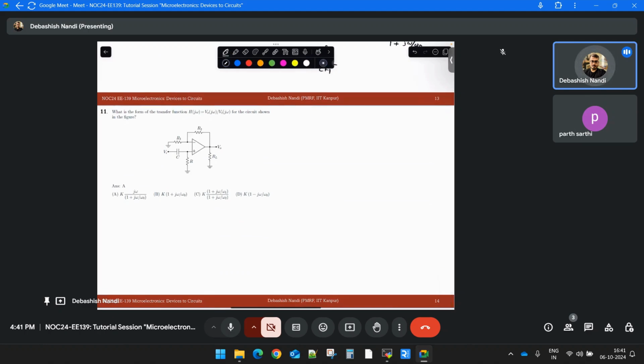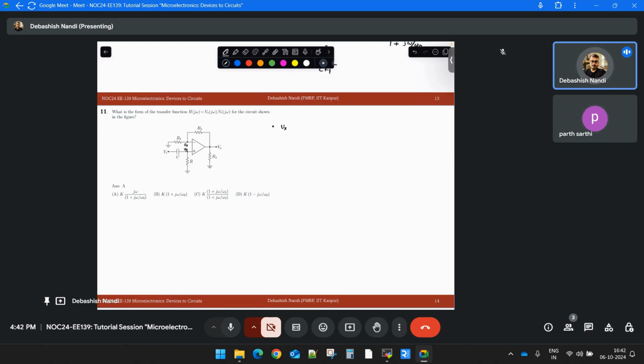What is the form of the transfer function of this? Okay. So how do you do that? Here, do you know the V minus or V plus input? You do not know, right? So you assume it to be Vx.